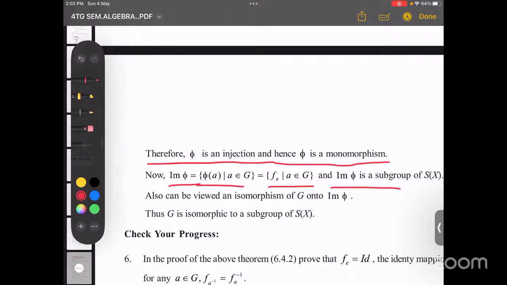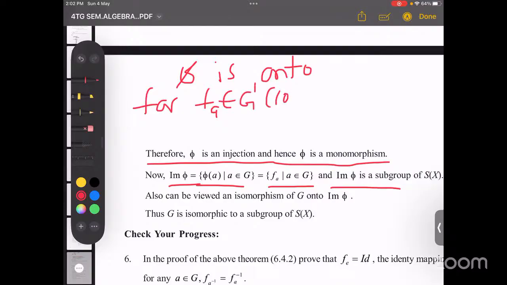Okay. Or else, directly if you want to show that pi is onto, you can write like this. Pi is onto, if you want to show, for f of A belonging to G dash, that is, this is the codomain. We know what is codomain and domain. Okay.